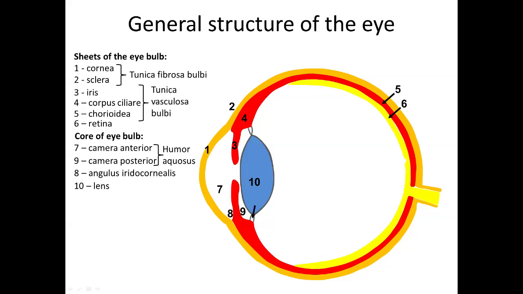Let us explain. Number 11 is a special ligament which from all sides, 360 degrees, surrounds the lens and fixates the lens to number 4, corpus ciliare. Zonula ciliaris is translated into English as ciliary belt.